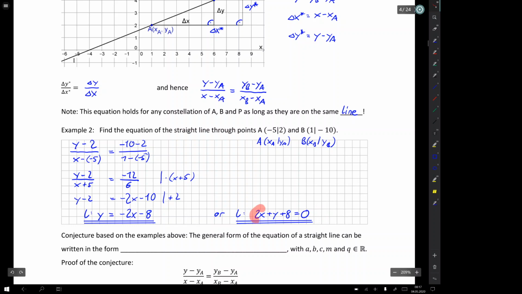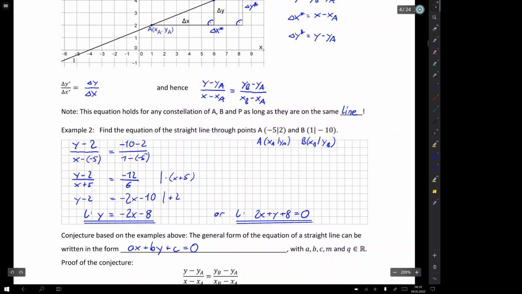We have a number of x's plus a number of y's plus some constant equals 0. So we conjecture, vermuten, that we can write a straight line in the form ax, so some number of x's, plus by, some number of y's, plus c, some number, equals 0.